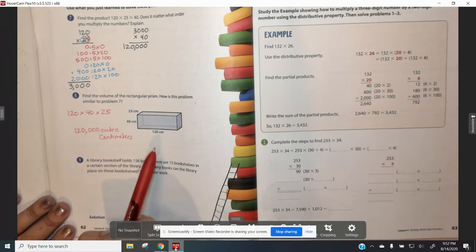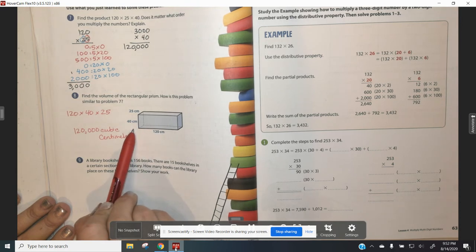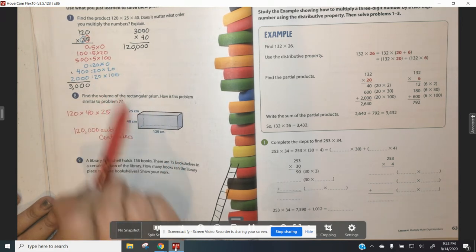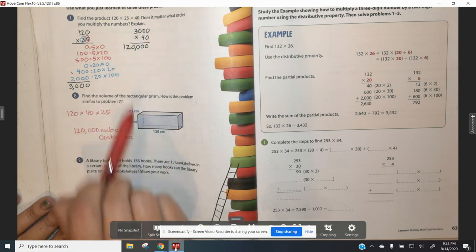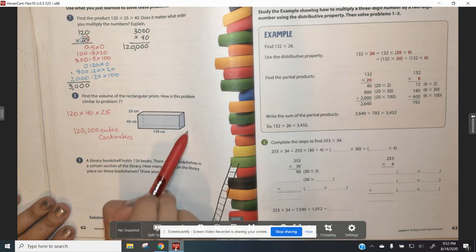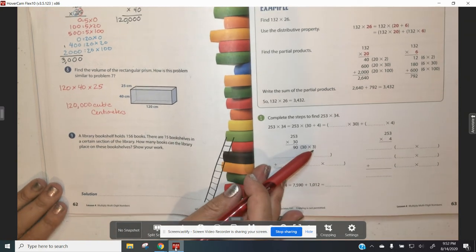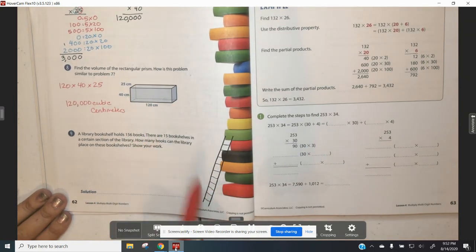To find the volume, we multiply length times width times height. So it's the same problem, but now instead of random numbers, we're using it to solve a real life problem to find out how many cubic centimeters would fill this rectangular prism.